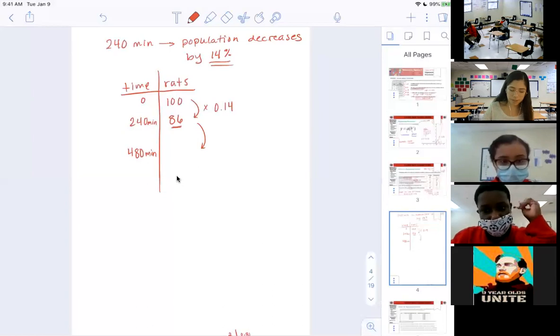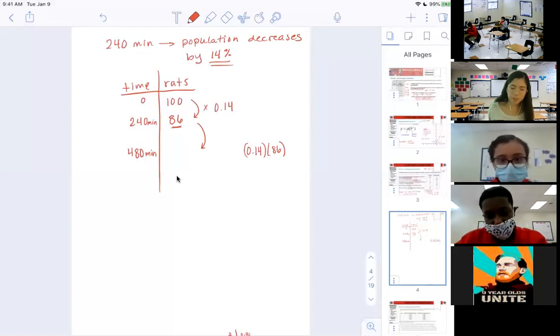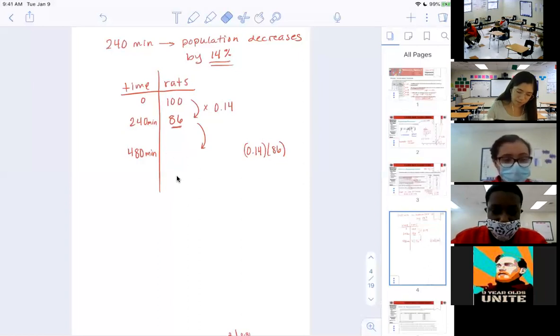So what's 14% of 86? 12.04. So what's 86 minus 12.04? 73.96. So about 74 rats, because we have to keep things as a whole number.